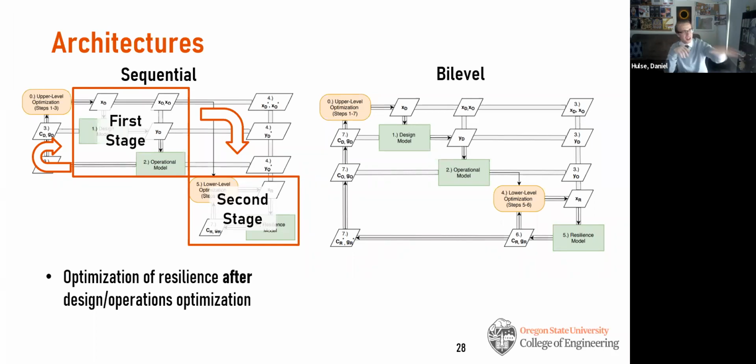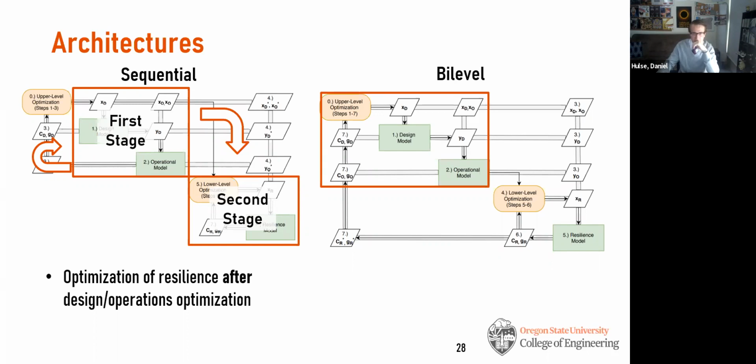And essentially what is going on here is you're optimizing the resilience of the problem after you optimize the design and operations. In the bi-level approach, on the other hand, at each evaluation of the model, we first put in a set of variables in the design and operational model.